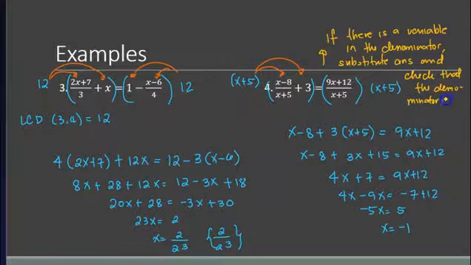Denominator is not 0. So why am I adding this step? We didn't do it here.